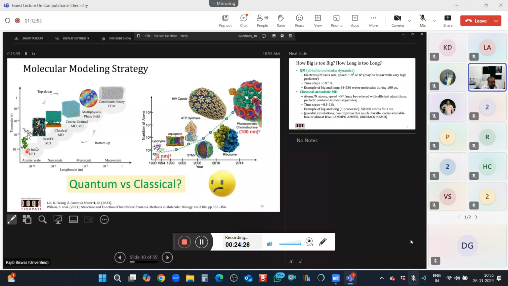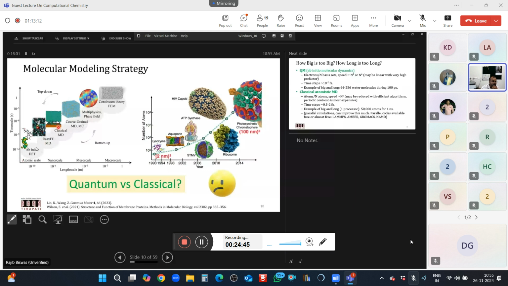You can go for 100 picoseconds with this very high computational power. And there are some reactive molecular dynamics where you can go for sub-nanosecond, and you can simulate a little bit bigger system than this ab initio MD.